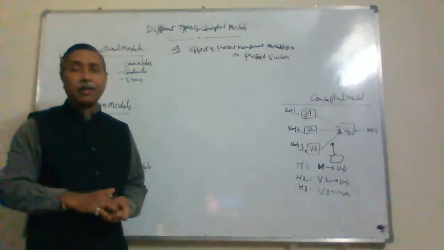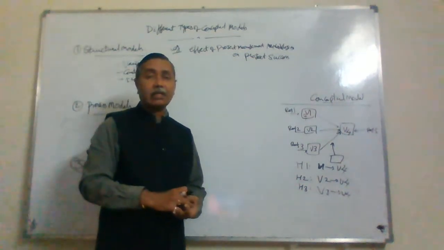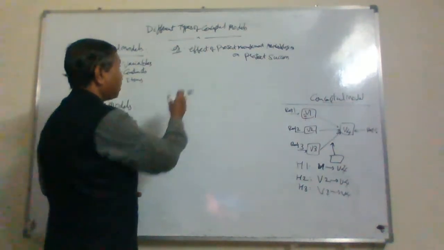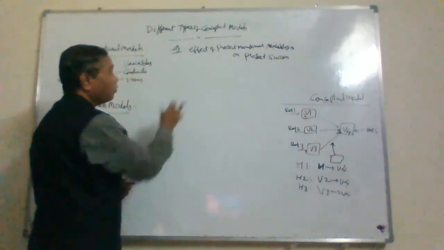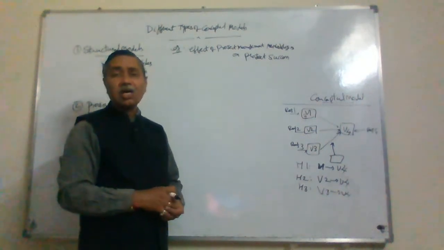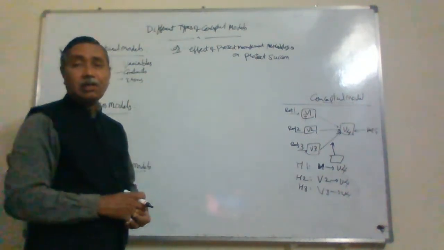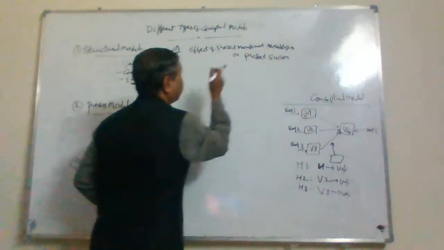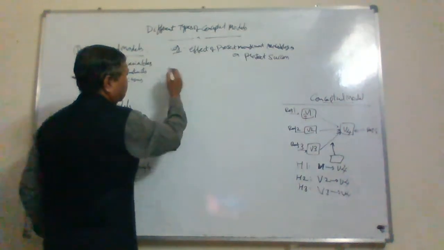Now, it is a very relevant research problem, right? When we talk about project management methodologies, you want to draw a structural model for this research problem, right? So, you have identified project management methodologies.